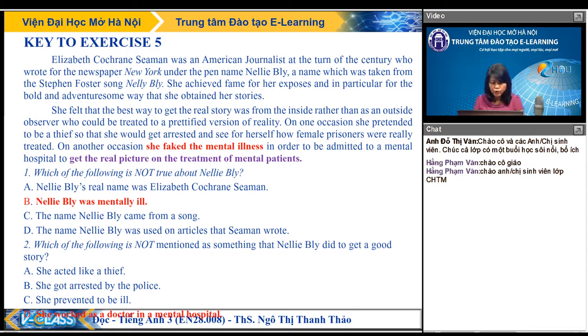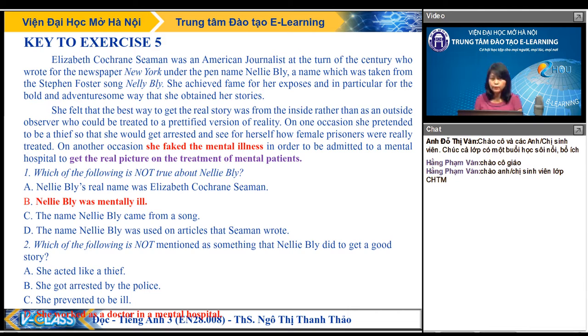You see, she faked the mental illness. She pretended to be a mental patient in order to be admitted to a mental hospital. What for? To get a real picture of the treatment of the mental patient. Okay, so the answer to question number 2 here is D.